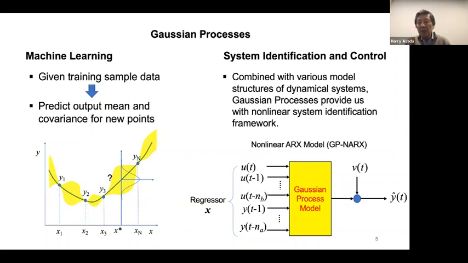And if you put this into not just the linear equations, as I said, y_t equals minus a1 y_{t-1}, that's linear ARX. But if you combine that with the Gaussian process model, it's going to be a nonlinear ARX model. It's called GP-ARX, and that's the model people used.